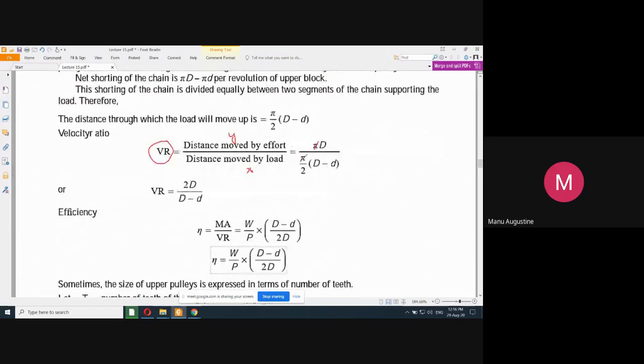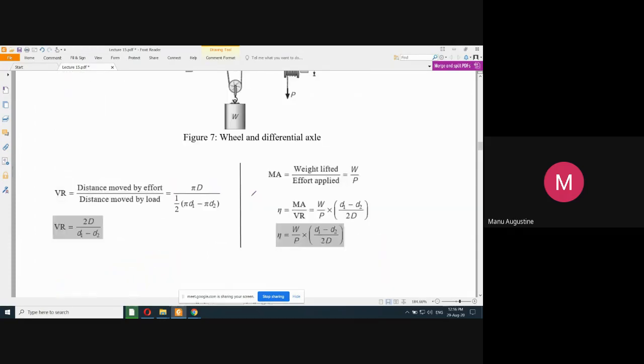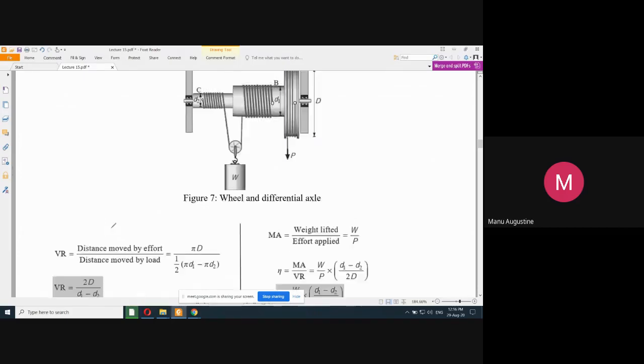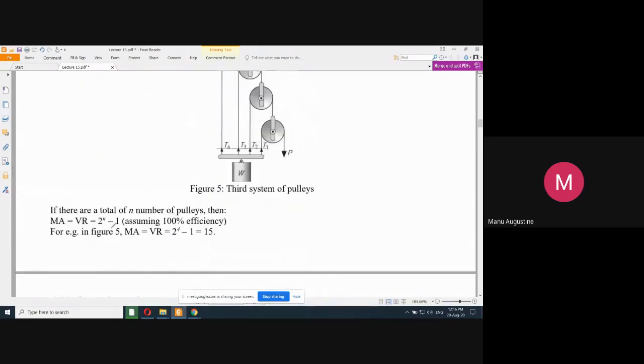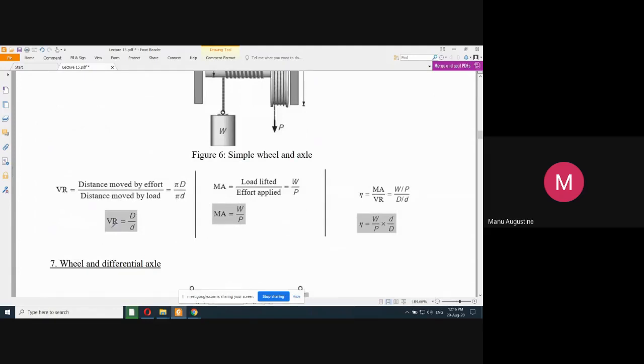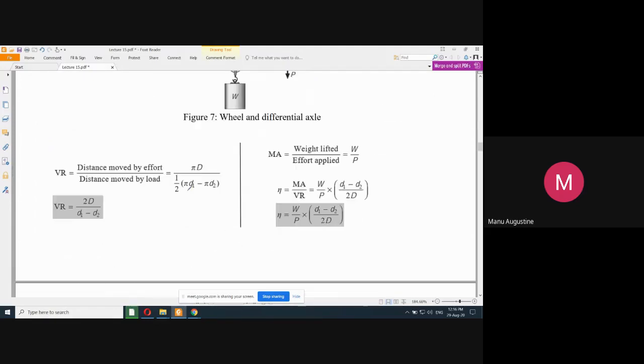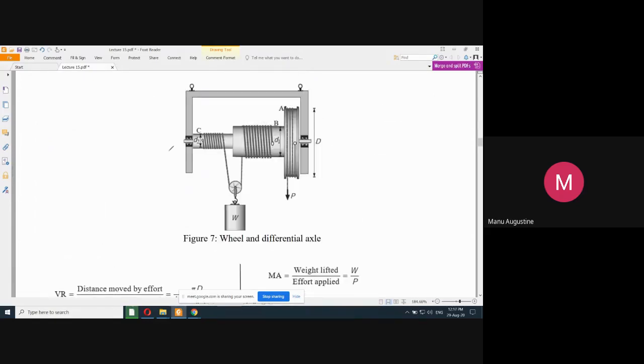Again, the pi will cancel out, 2 will go up, and eventually you have this relation to remember. Now, this is exactly the same relationship that we developed here, or here for this matter. So this is capital D by d for the differential one.